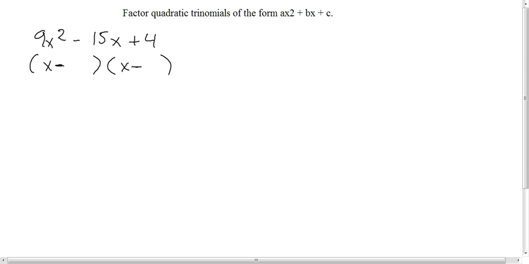Let's take a look at our factors of 9, and our factors of 4, as well as our outer plus our inner.